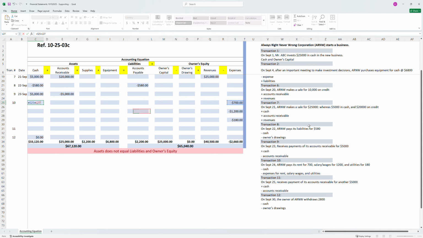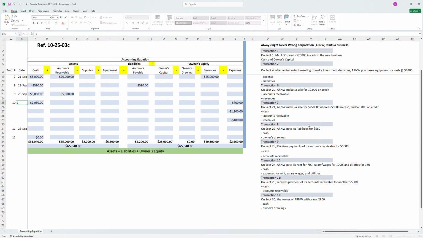So this amount plus this amount plus this amount equals minus $2,080.